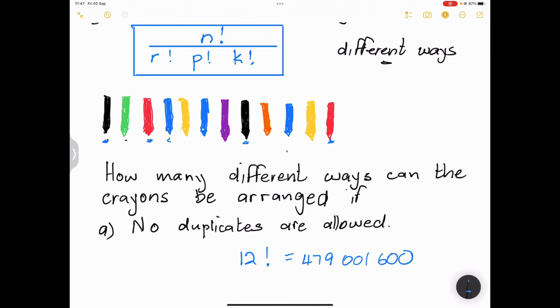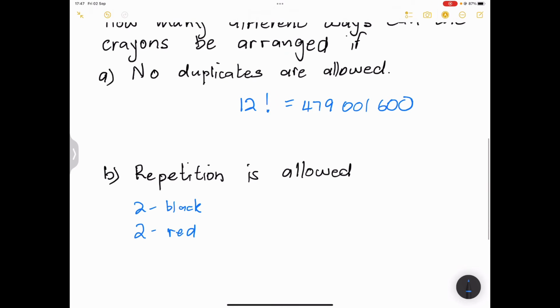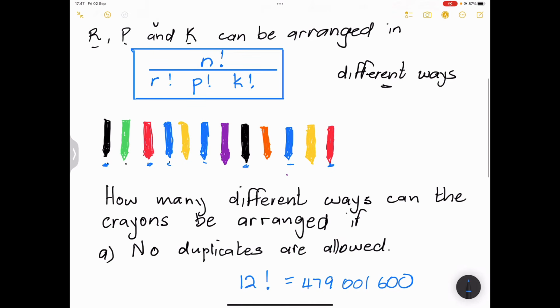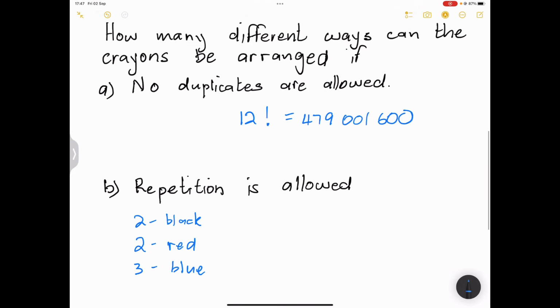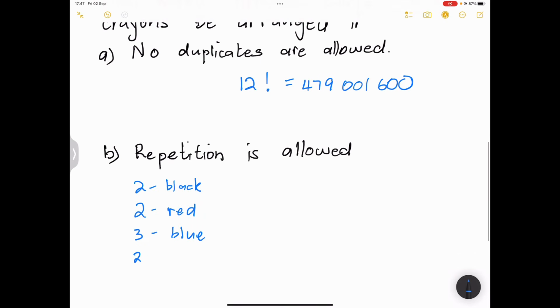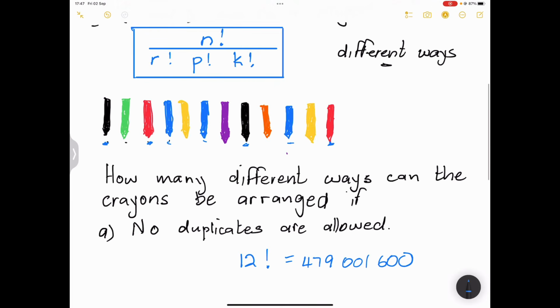I've got 3 blues in this case. So in this case they are repeating. And I've got 2 yellows. It seems like there's no other color that is repeating.